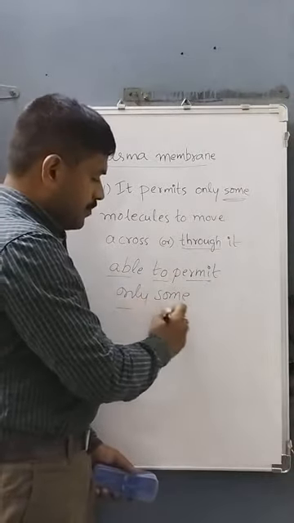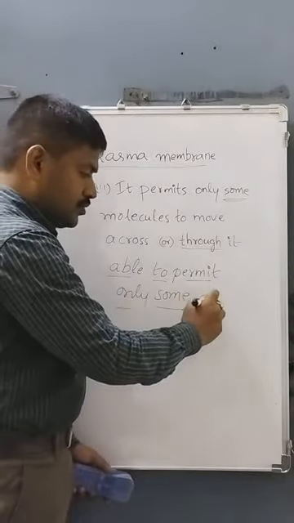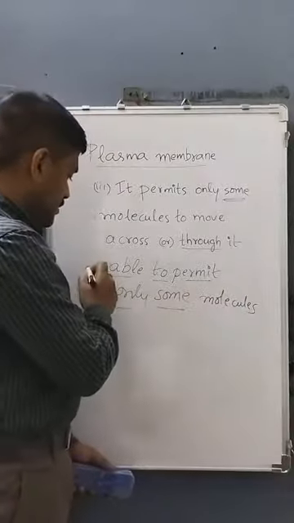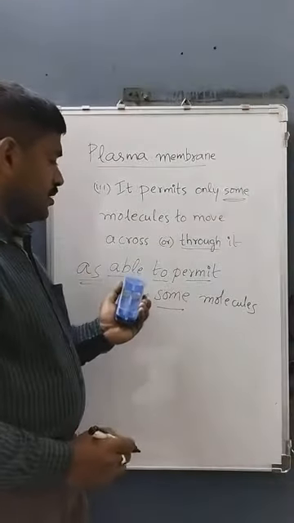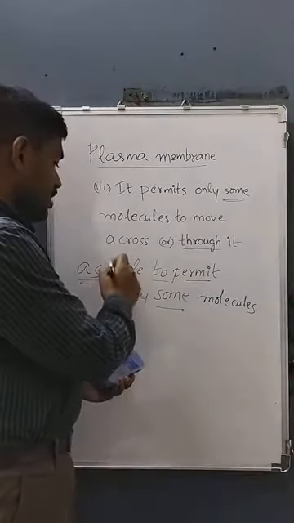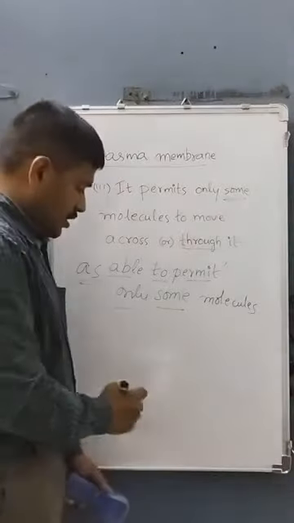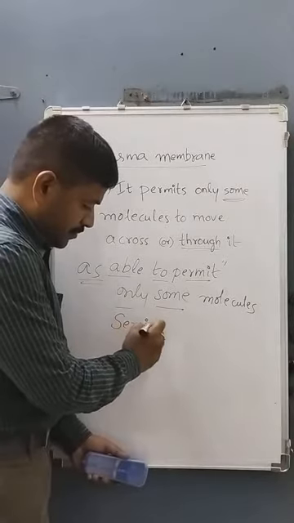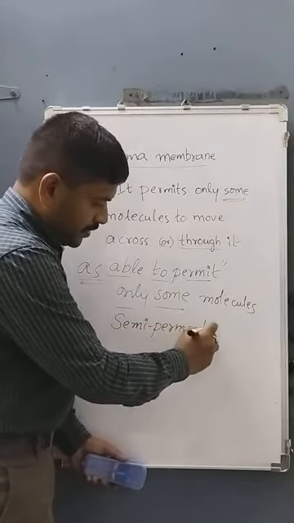As the plasma membrane is able to permit only some molecules, it is called a semi-permeable membrane.